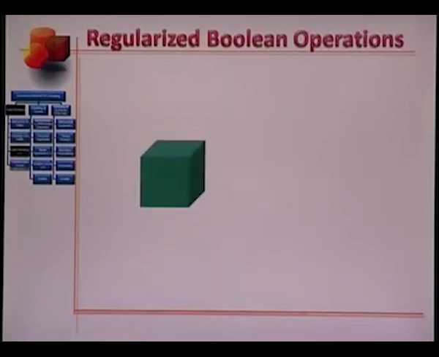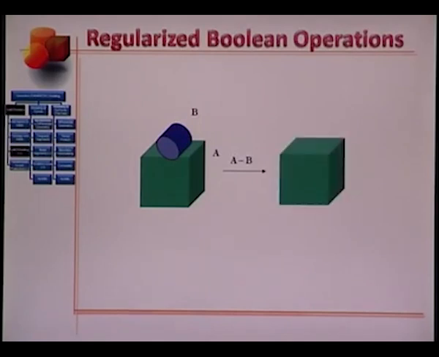The third example, a block and the same cylinder. Solid A, solid B. We now compute A minus B. We'll get a block with a slight singularity on the top face.